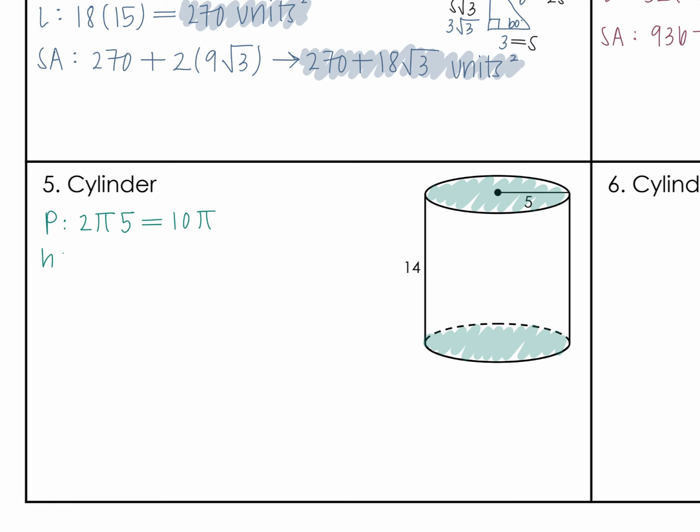Then we have our H, which is from circle to circle, base to base. We are going to have my height, my altitude, to be 14. And then capital B, area of the base, should be pi radius squared, so 5 squared, times pi to give me 25 pi. Plugging in for my lateral area, we would have our P, 10 pi, times our H, 14, and you will get 140 pi units squared.